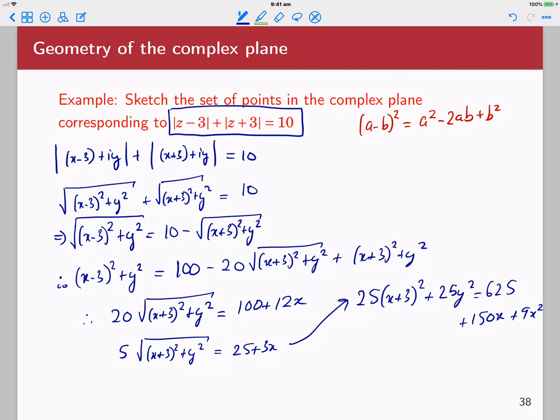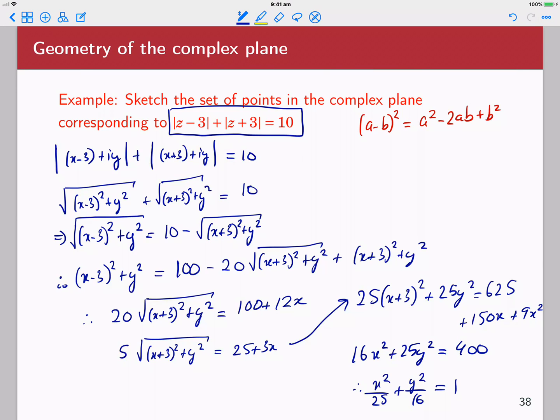And bringing the x's and the y's to one side, I end up getting 16x squared plus 25y squared equals 400. And dividing through by 400, I therefore get that x squared on 25 plus y squared on 16 is equal to 1.